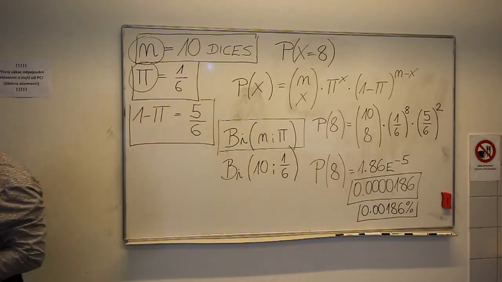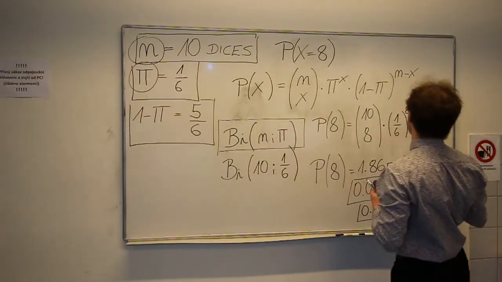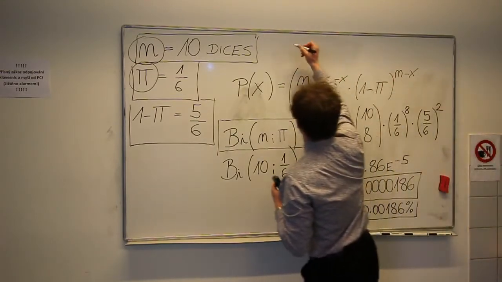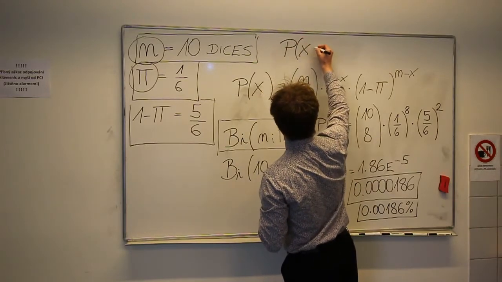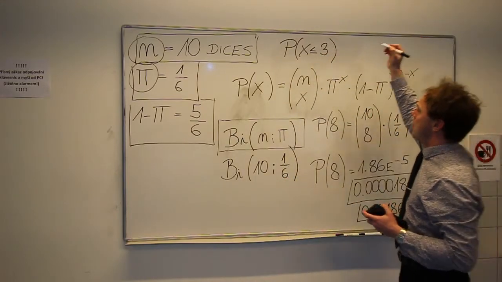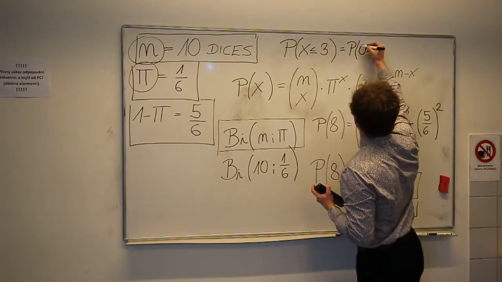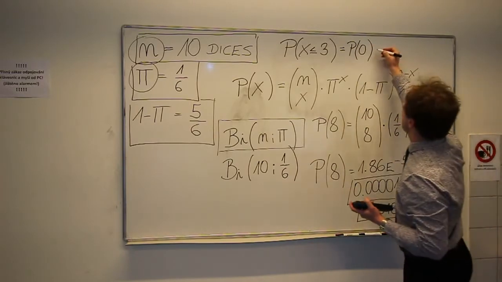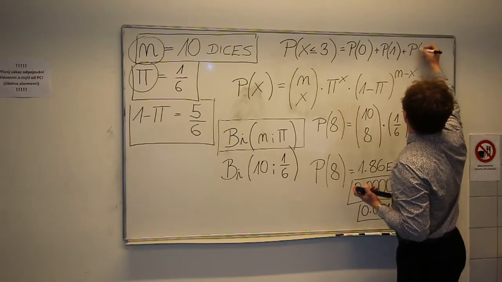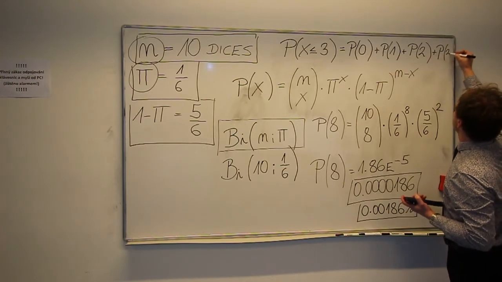Number 6 falls no more than on 3 of them. No more than on 3 of them. So I will delete this and I will write that we would like to calculate the probability that random variable x will be smaller or equal to 3, no more than on 3 of them. Yes. So I will be happy if I see on 0 dice value 6, or on 1 dice, or on 2 dice, or on 3 dice.